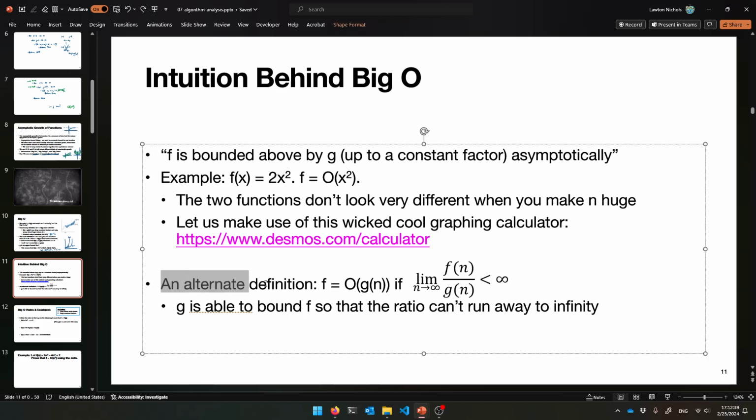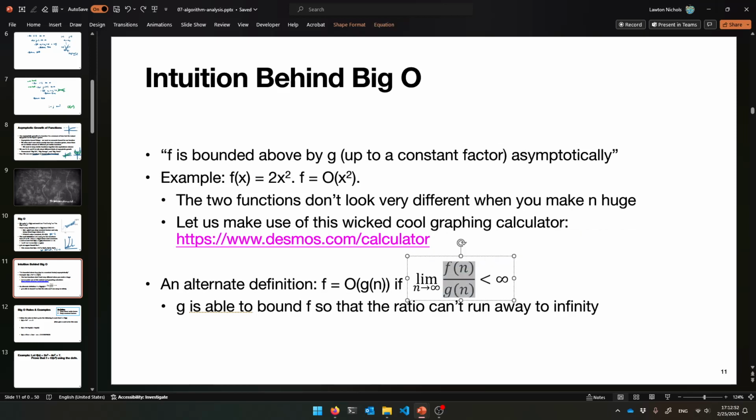So here's an alternate definition if you've taken a calculus class. I don't know if that's required for this class. But an alternative definition of big O is: f is big O of g if you take the limit as n approaches infinity of f of n over g of n, because g is supposed to dominate f as n gets large.